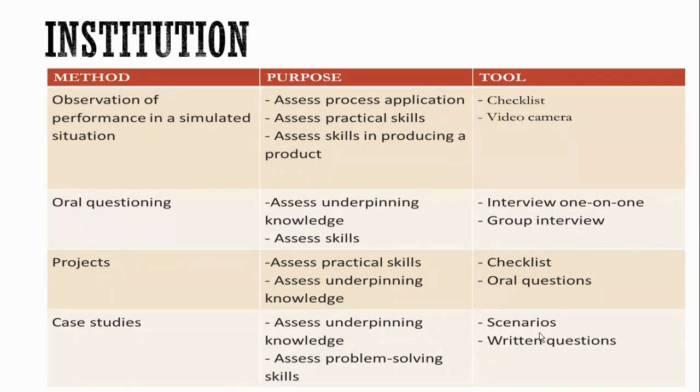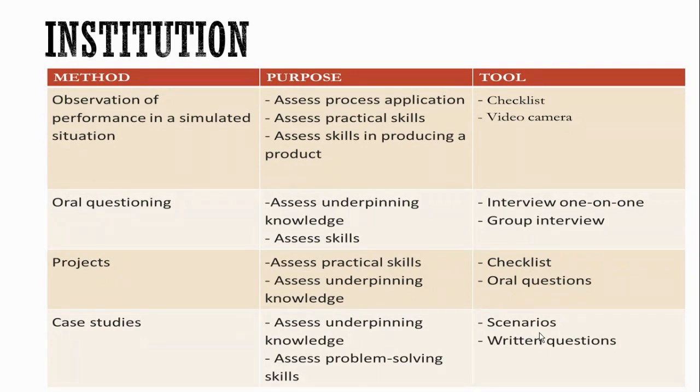So in the context of an institution, you can employ observation of performance in simulated situations. Observation is very key, and majorly why we choose that method could be to assess process application. Again, that is determined by the level of your performance criteria. You can assess practical skills, and of course, you can assess skills in producing a product.